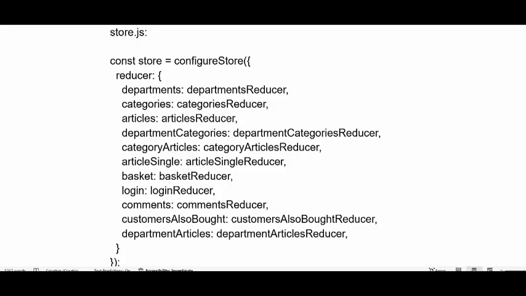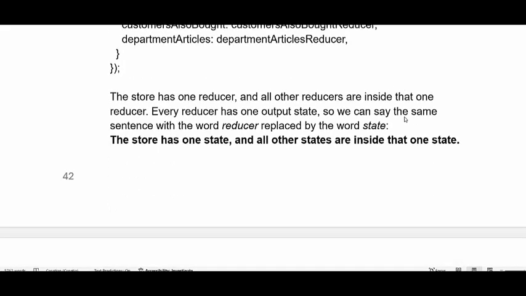Configure store, and here is the code, a reducer, and the reducer properties equal, in curly brackets, departments, categories, articles, etc. The store has one reducer, and all other reducers are inside that one reducer.